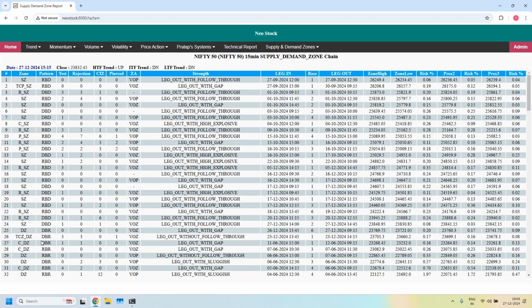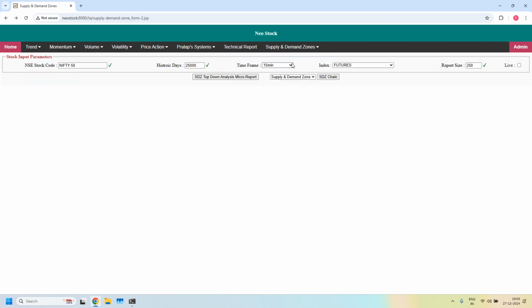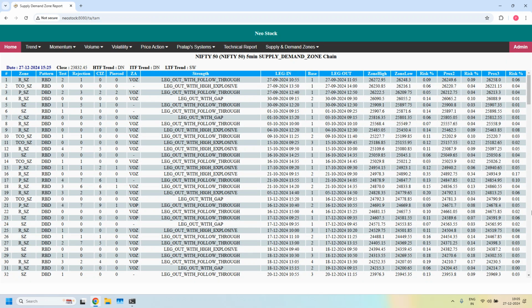Because you have very few demand zones, I am scrolling the list down so that you can view further next demand zones in the chain. Okay, next, 5 minutes supply demand zone chain for Nifty. You are seeing all the supply zones in the list.